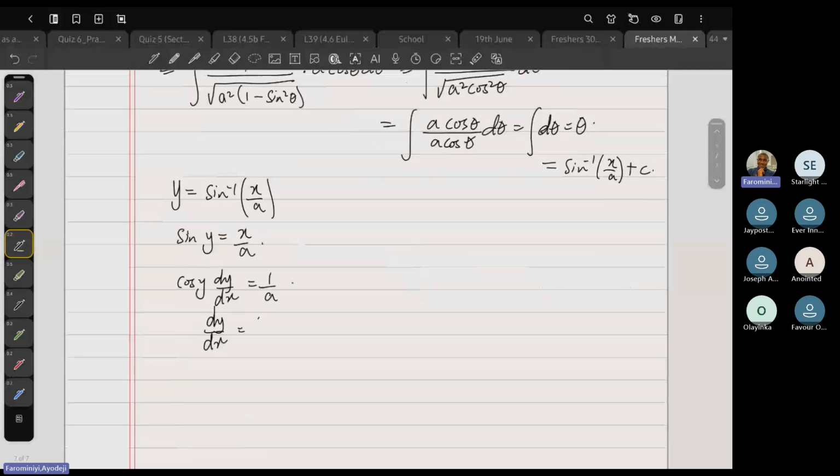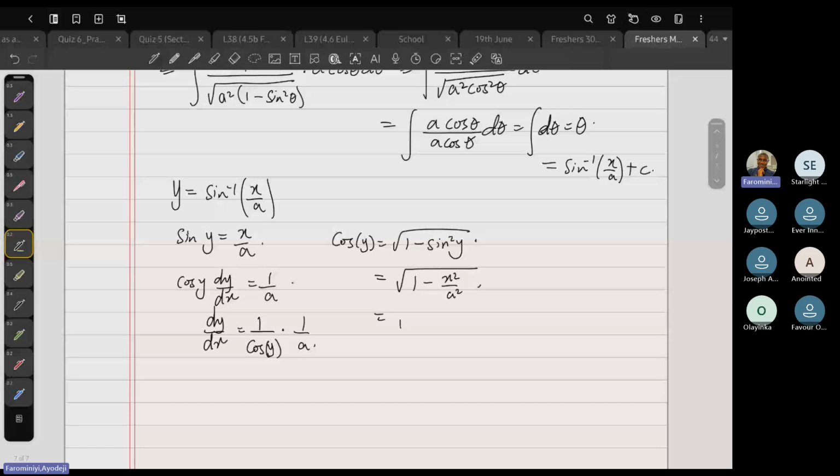And because cos y is the square root of 1 minus sine squared y, this will be the square root of 1 minus x squared over a squared, which is the square root of a squared minus x squared over a squared. And that would be the square root of a squared minus x squared over a.